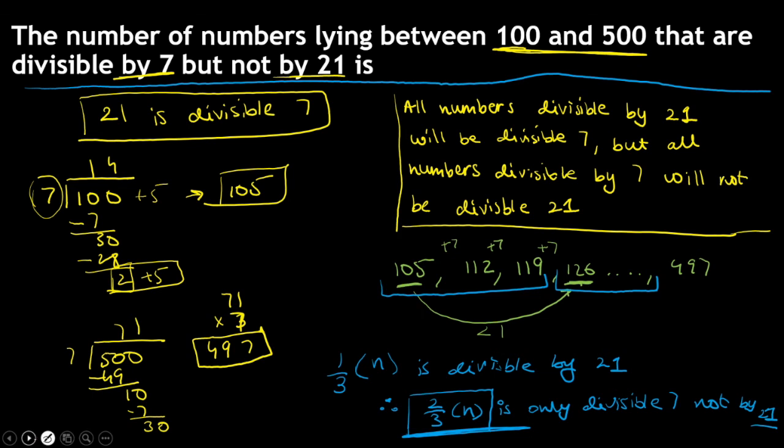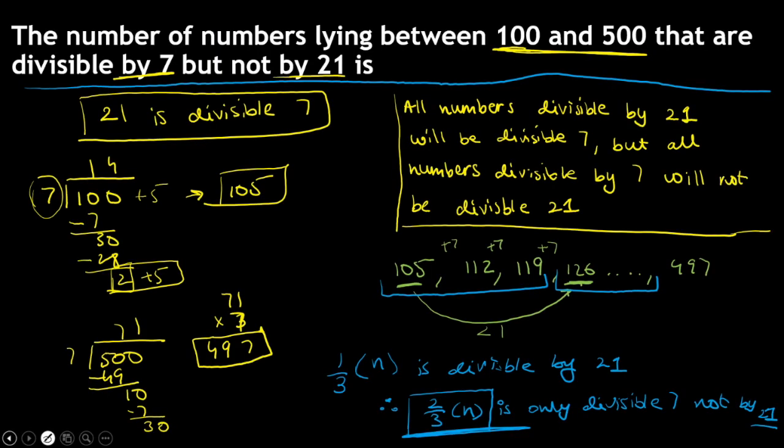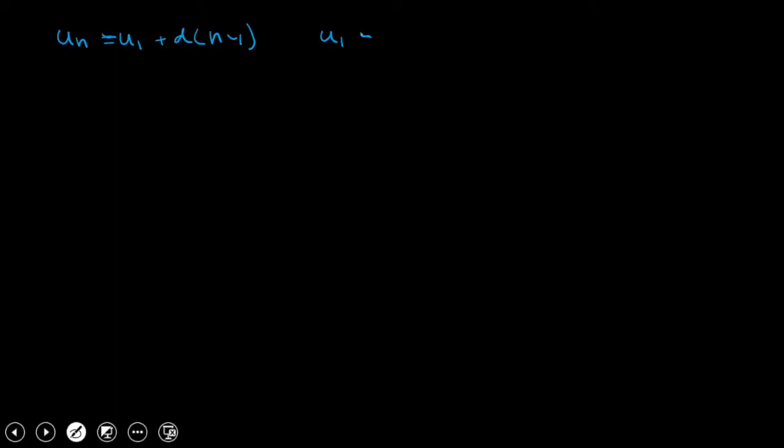So how do we do this? Nothing, we just use our standard formula: un is equal to u1 plus d times (n minus 1). Our u1 from the previous slide is 105, and our common difference is 7. Why 7?